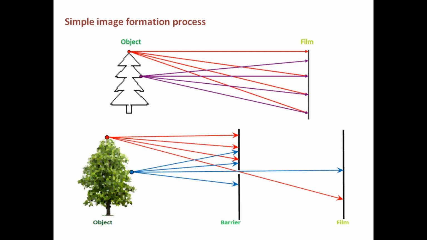We can't make the aperture as small as possible, as it lets very little light get through. Ultimately it results in diffraction, which comes into play. So I have to maintain a constraint on the aperture size also. So this is the image formation.